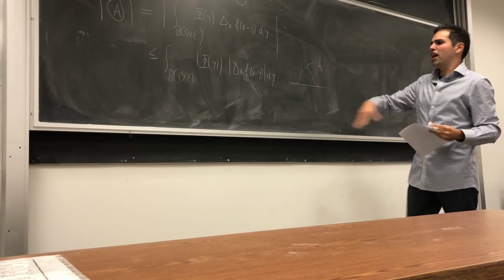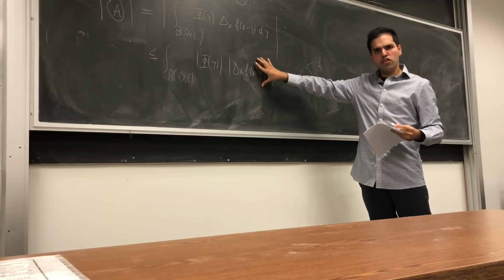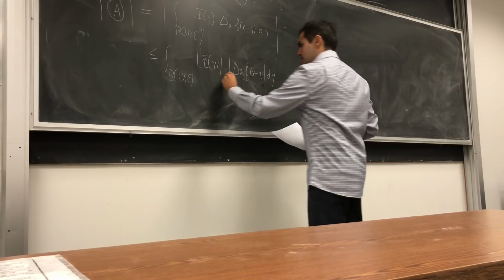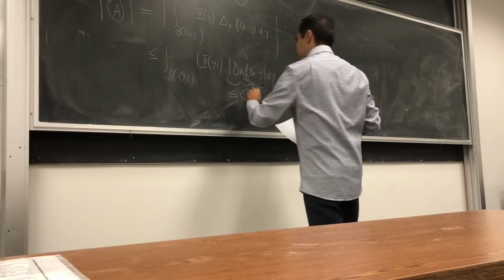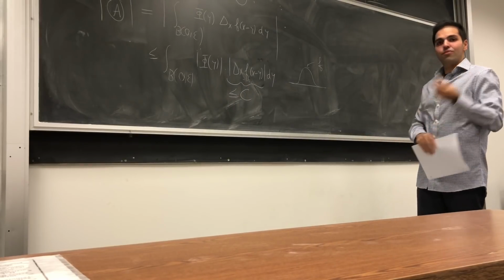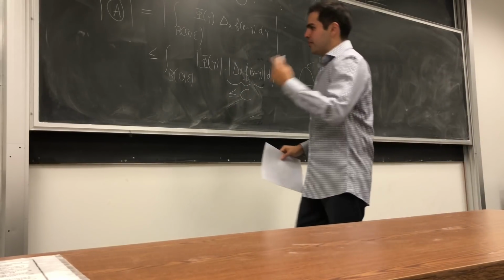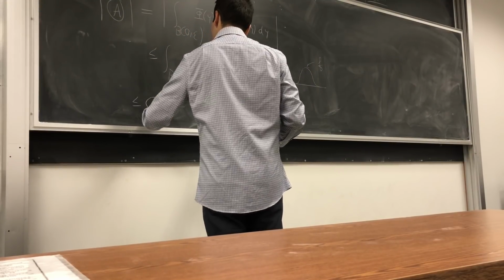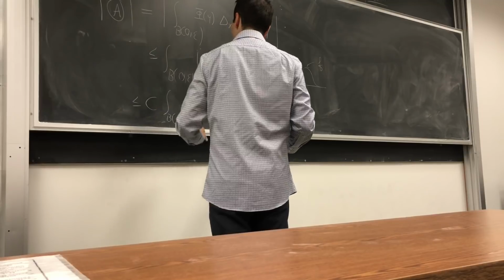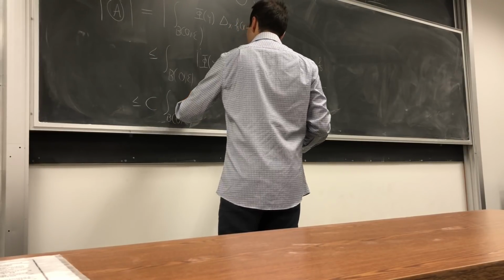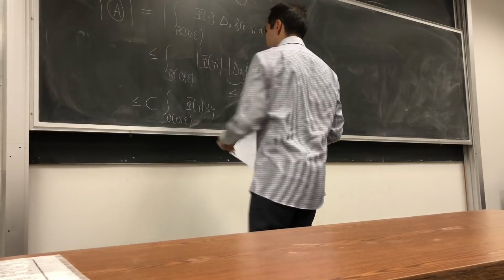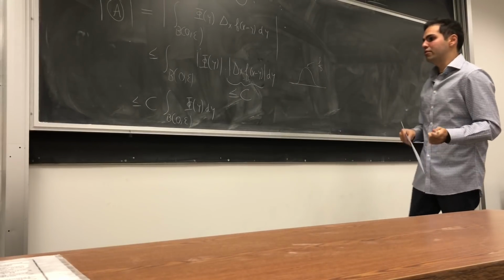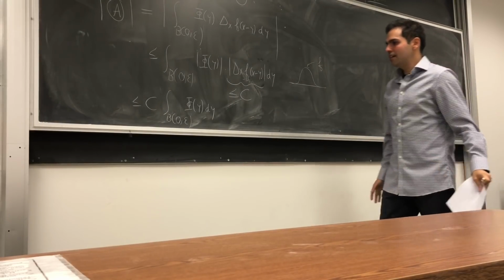In particular, I'm telling you not to worry about this term because it is bounded. So this thing is less than or equal to some constant that we don't really care about. So in the end, what we're left with, this is less than or equal to a constant times the integral around 0 of phi of y dy. And phi is positive, so we can remove the absolute value.